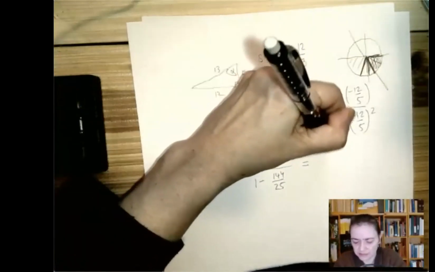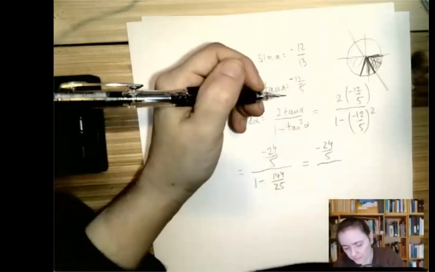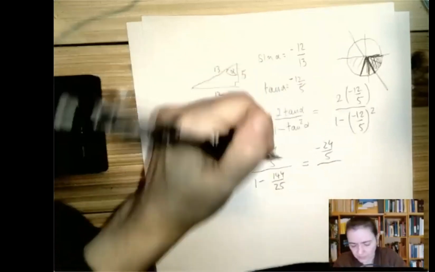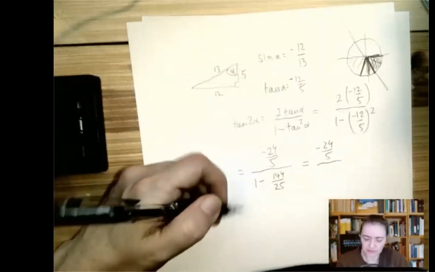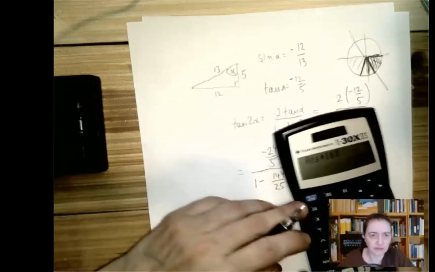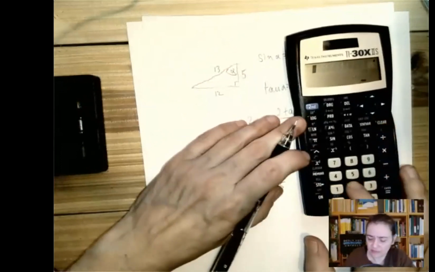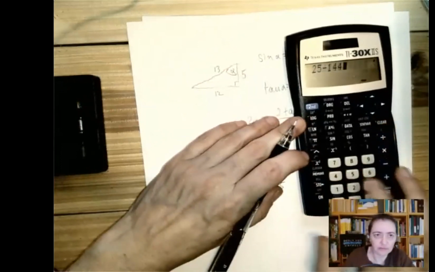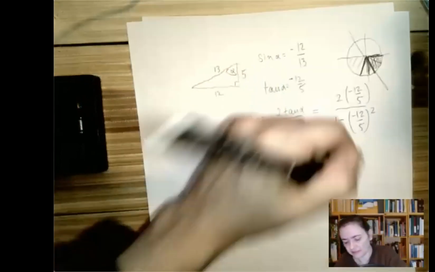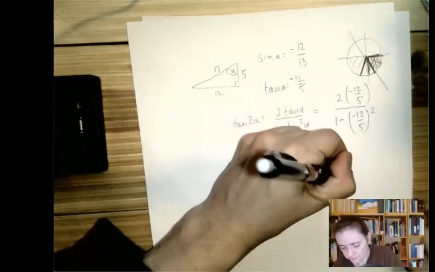So that's negative 24 over 5 divided by 1 is 25 over 25. Just gonna be lazy here. So 25 minus 144 is negative 119 divided by 25.